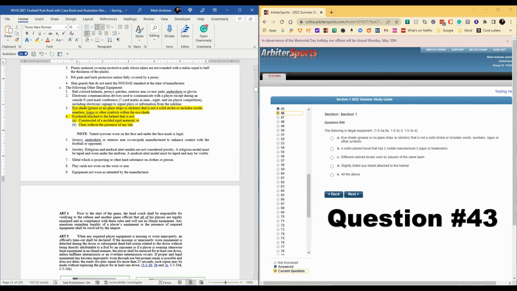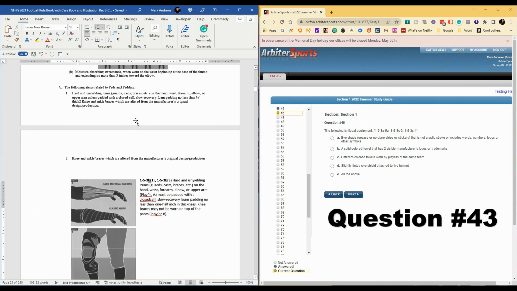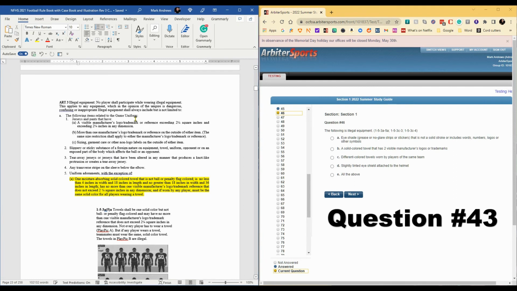Question 46. The following is illegal equipment. And the rule reference is 153. And we've talked about this already. Illegal equipment, there's a long list. Here it is right here.